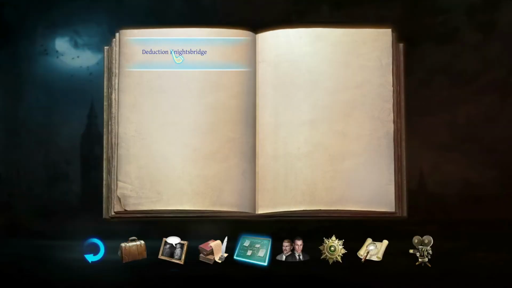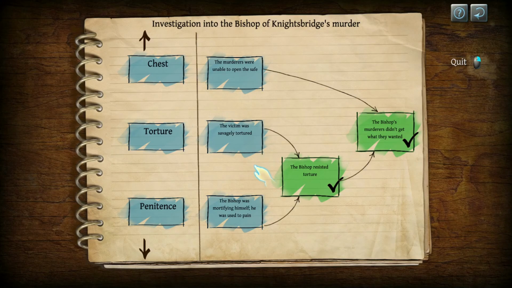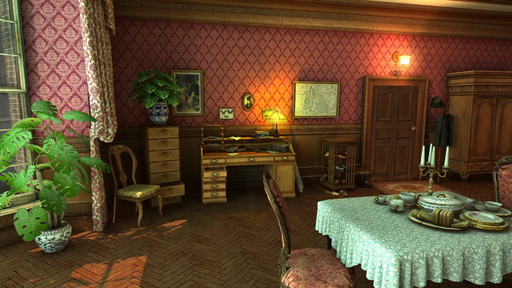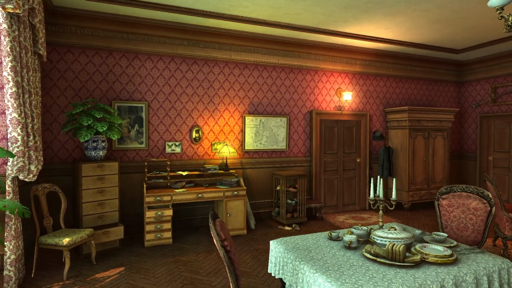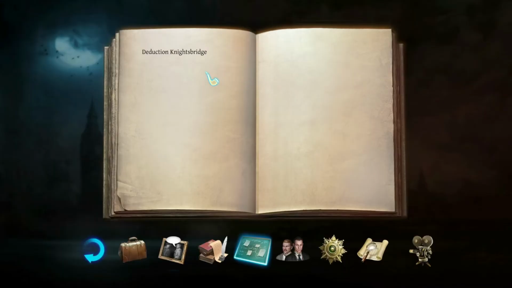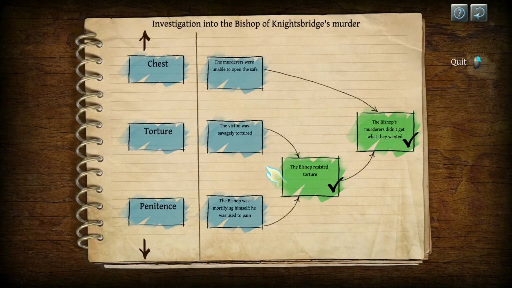Oh! Yeah, it's still this. I was thinking like Jack the Ripper. There, the deduction boards were all over the walls. But yes, we are still using the deduction board of Knightsbridge, so obviously it's here. Interesting.